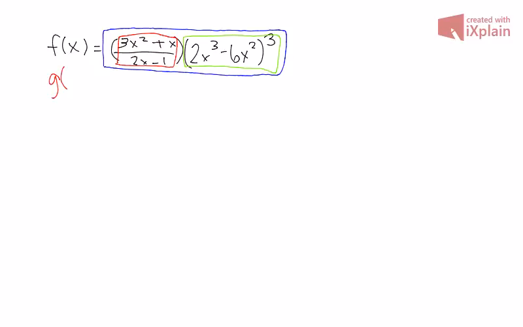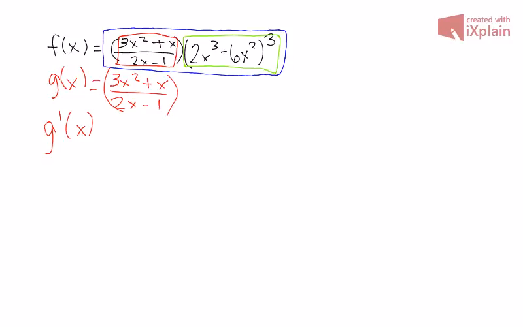So now we're saying that g of x, this is what I'm naming it. I'm giving it a name. I'm going to say g of x equals 3x squared plus x divided by 2x minus 1. This is so I don't forget anything. So I'm going to take the derivative of that because I'm going to need it later.